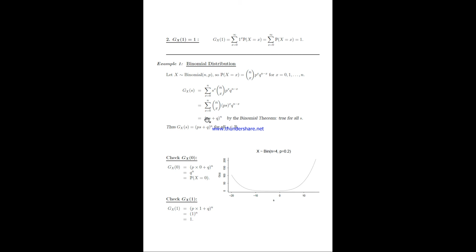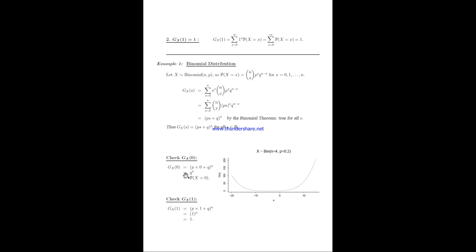You can replace that by p plus q to power n, and in our case p is ps and q is q, so the whole thing to power n. So the probability generating function of the binomial distribution is (ps plus q) to power n.